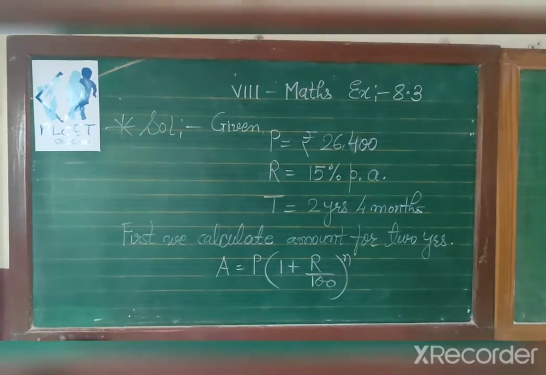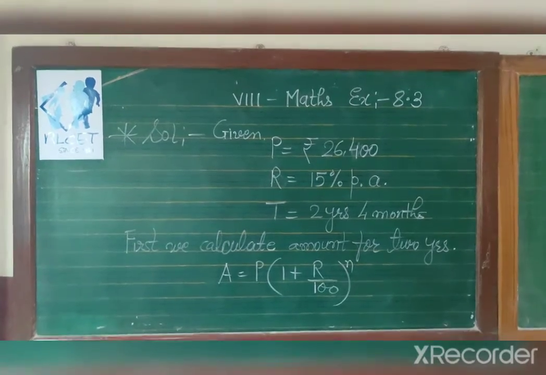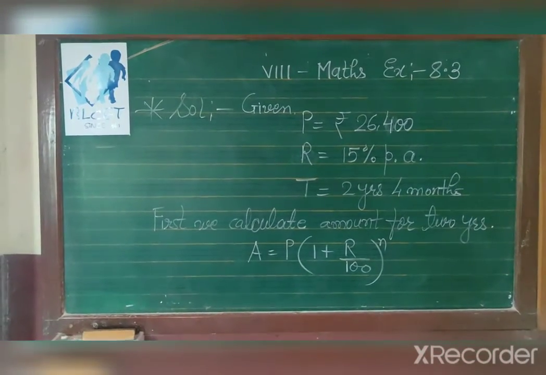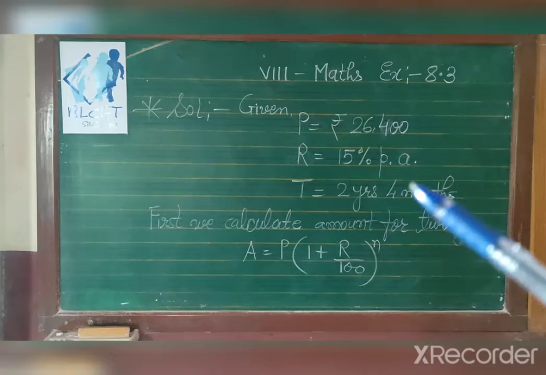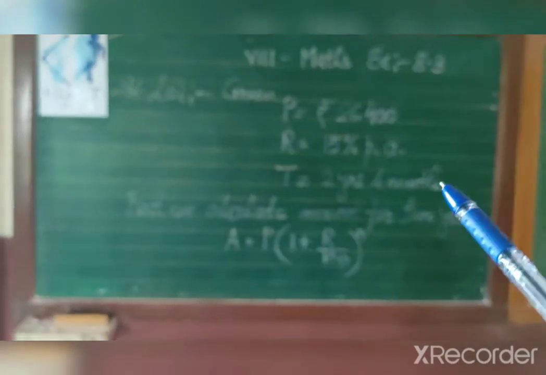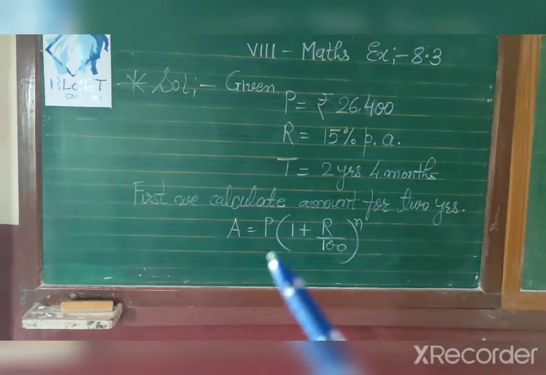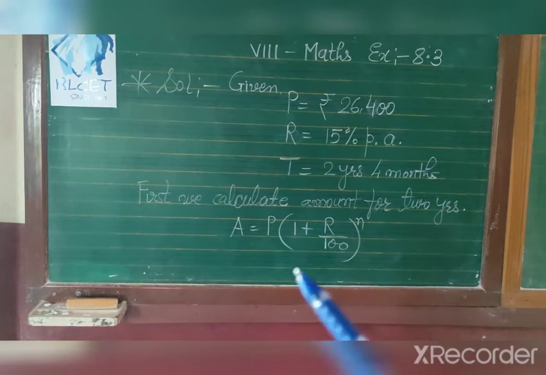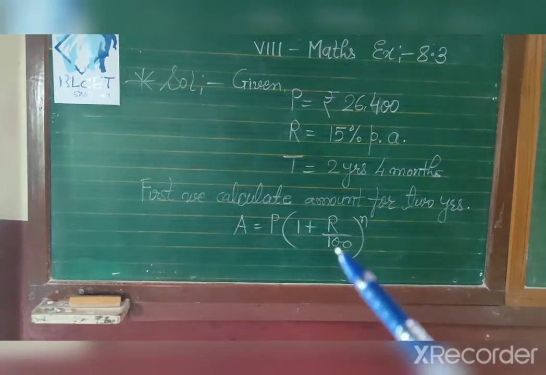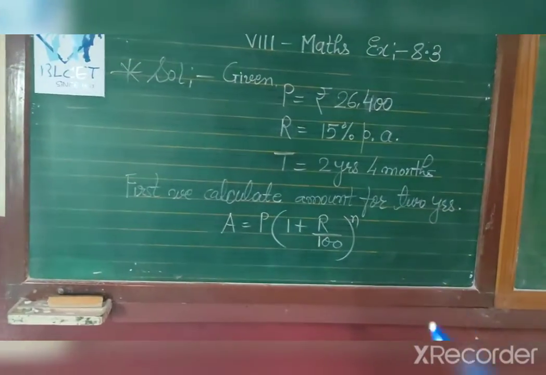So let us start. Now see here in the second question, principal is equal to rupees 26,400, rate of interest 15% per annum, time is equal to 2 years 4 months. First we calculate the amount for 2 years with this formula, because it is compounded annually. So A equals P in the bracket 1 plus R upon 100 to the power n.